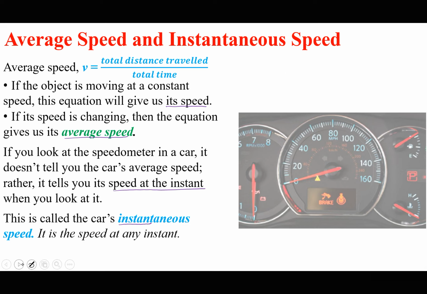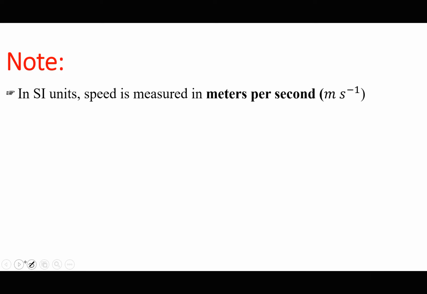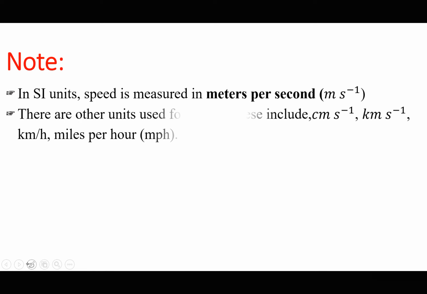A few things we need to note here. Of course, the SI units of speed and average speed are the same, measured in meters per second. That one we know from GCSE. But since this is A level, you'll see several other units such as centimeters per second, kilometers per second, kilometers per hour, miles per hour, and your task will be to convert these units from whatever unit to the SI unit, which is meters per second.